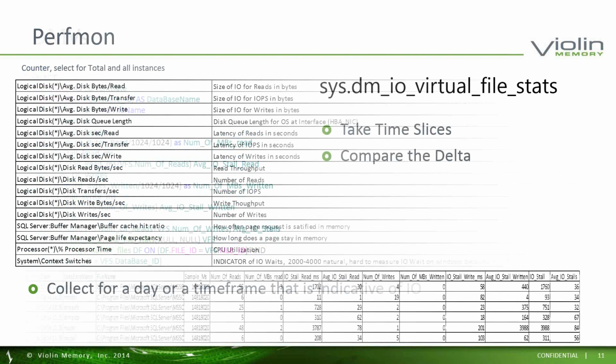And then you also want to look at the overall performance. It's a simple matter of gathering the number of reads and writes versus the stalls and averaging them out. But it's very important that you really look at the deltas. Some people just look at the virtual file stats, and it's from the beginning of time, and it may not actually be indicative of an I/O issue.